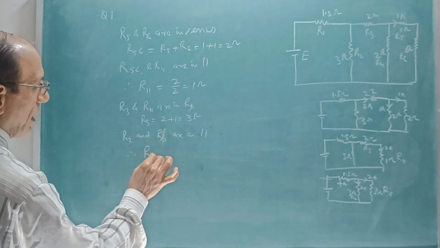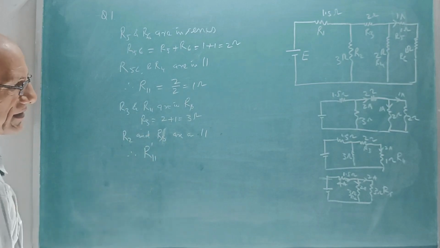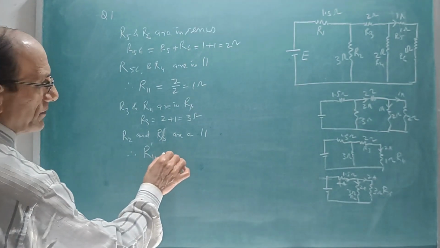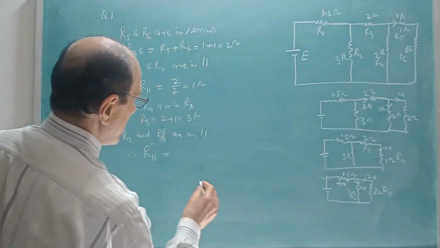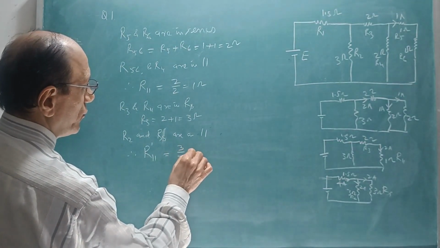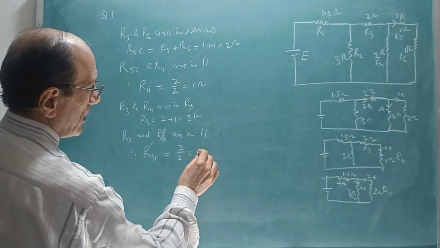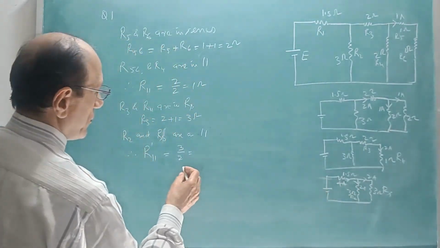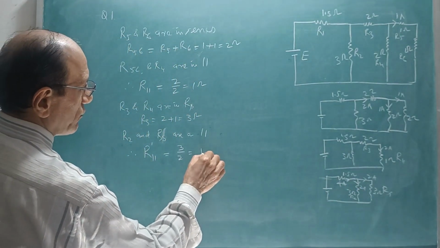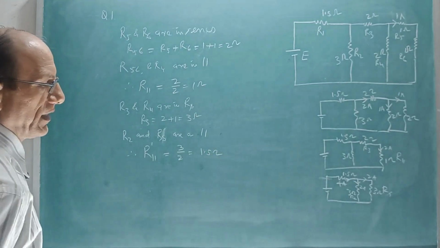Therefore, R parallel dash, I can say, becomes product upon sum, that is 3 by 2, or value divided by number, that is 3 by 2, that is 1.5 ohm.